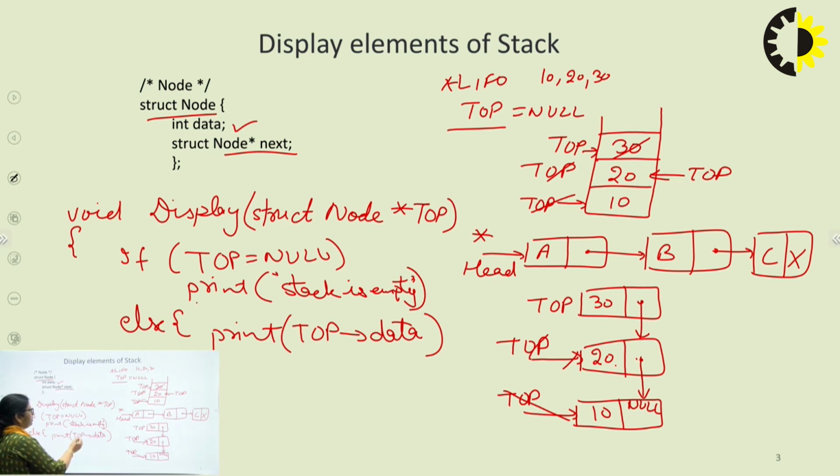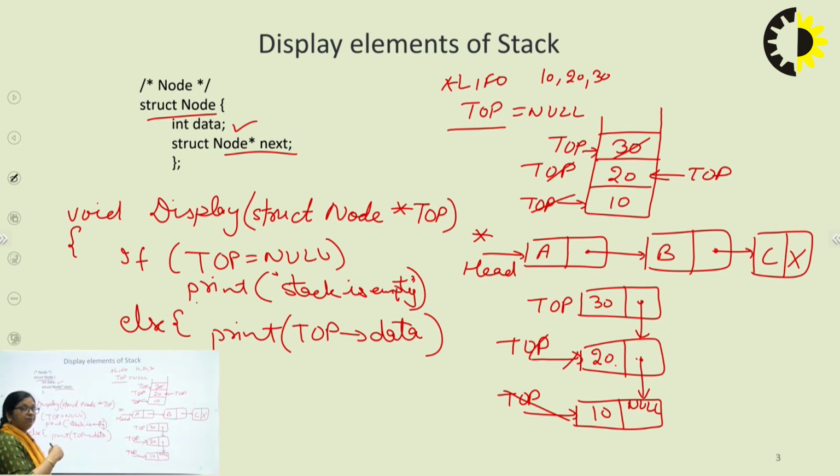So print top data. Whatever is present at the top will be displayed here. Now top is pointing to this. When I check if top is null, no, it is not null. So we will print the top data. The top's data is 30, so it will get displayed.